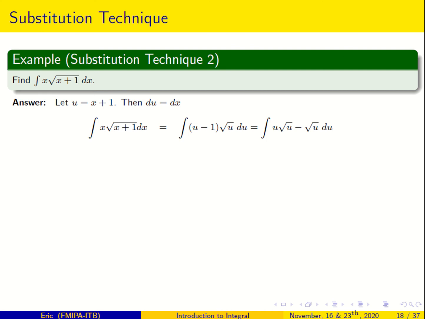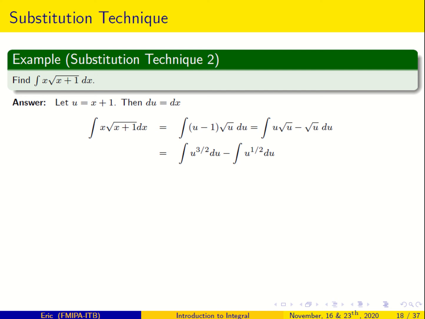But I can multiply this out. So you have the integral of u to the 3 over 2 du minus the integral of u to the half du.